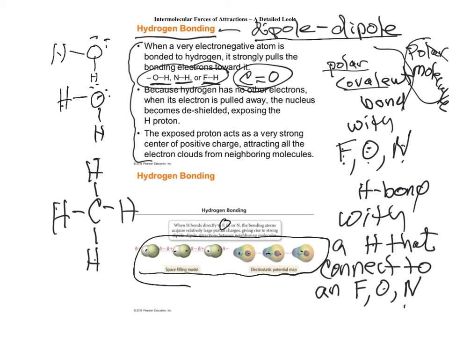So this is hydrofluoric acid, HF, okay? That HF can hydrogen bond because the H is connected to an F. And the F, the fluorine, is part of a polar covalent bond in a polar molecule. So we can get hydrogen bonding here. That's what we're trying to demonstrate. I said HCl. I don't know why I did that, because I knew it was HF, but out came HCl, so I'm sorry if that confused you.